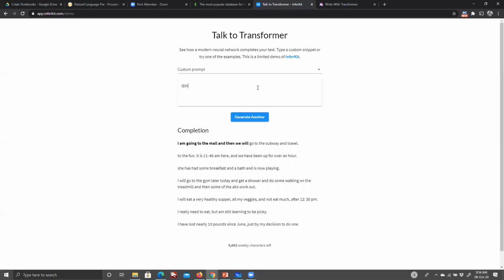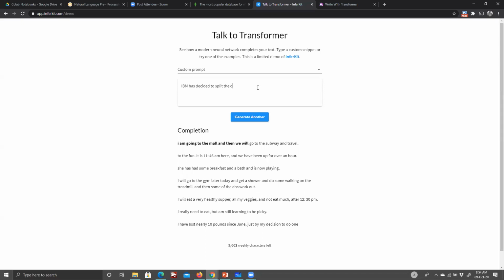IBM yesterday decided that it will split the company now to focus more on the cloud, and I think that's a good move. They cannot just keep making these bare metal servers and think they are going to stay in business. That's not going to happen. Okay, IBM has decided to split. So I will use the exact same lines which I read in the news yesterday.